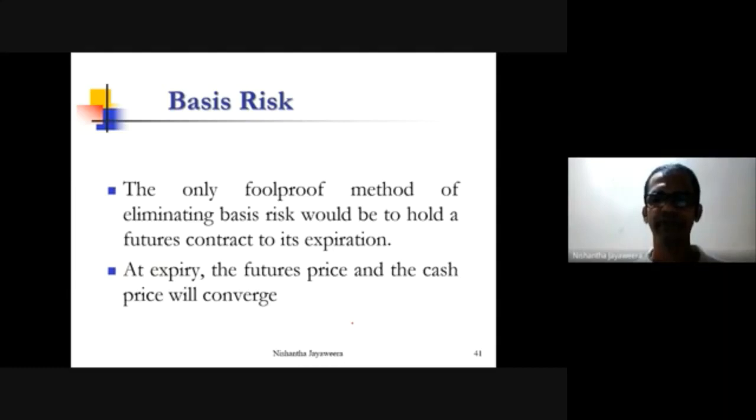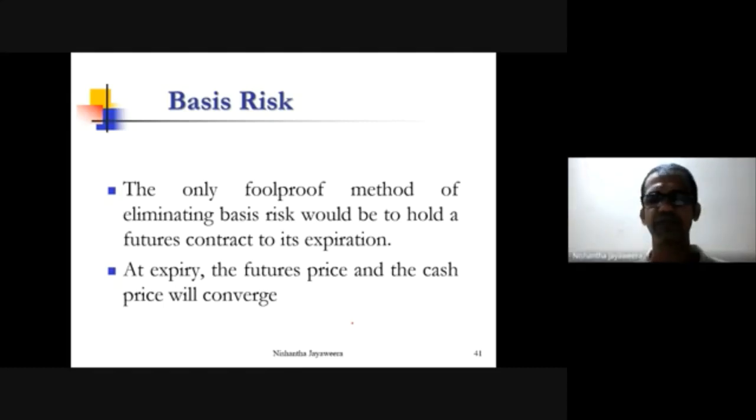The only way for you to eliminate this basis risk is to hold the futures contract until the expiration. Why? On the expiry date, futures price equals what? On the expiry date, futures price equals the spot price.